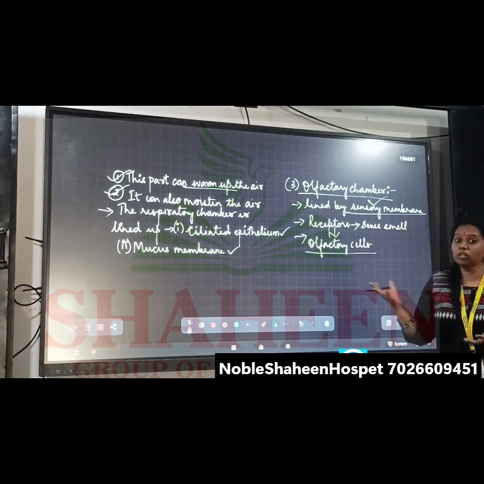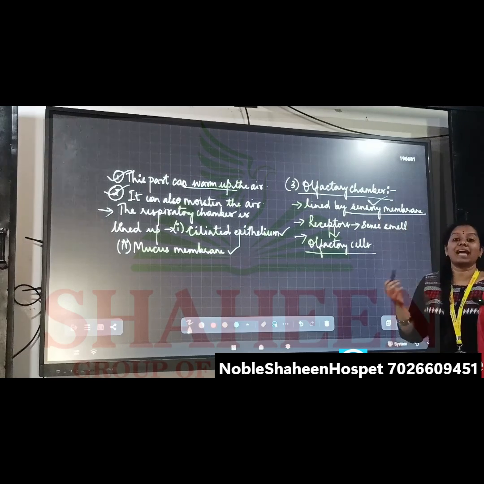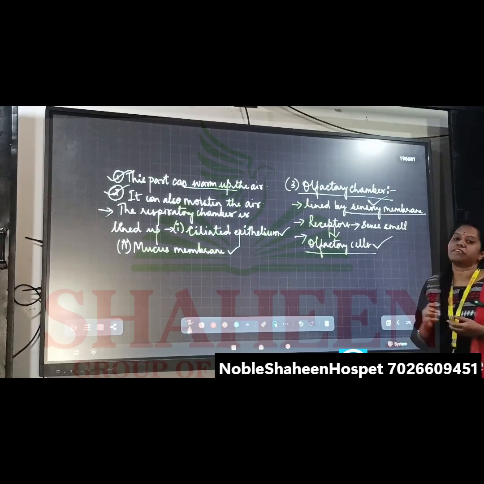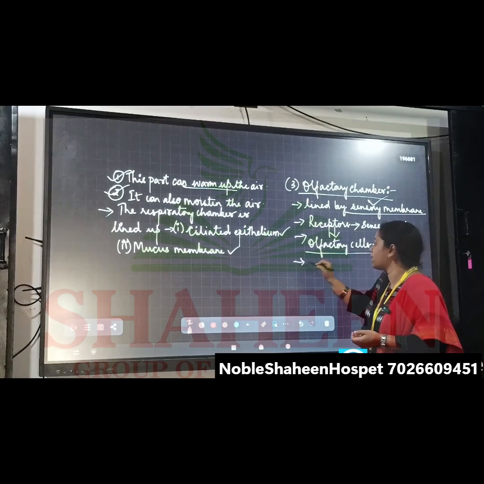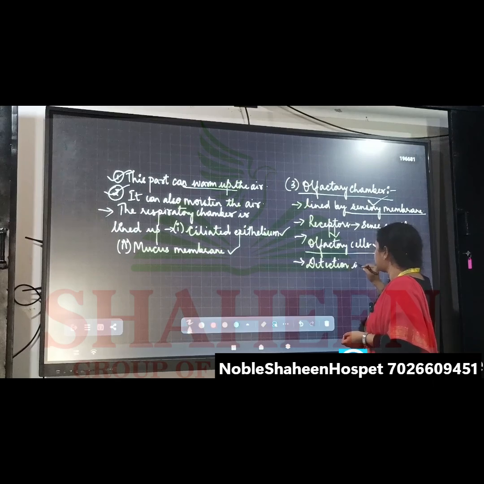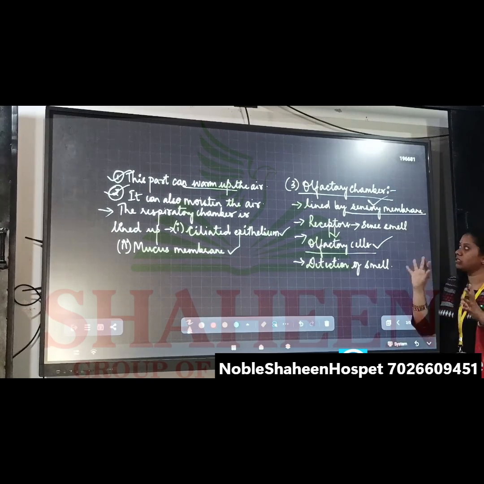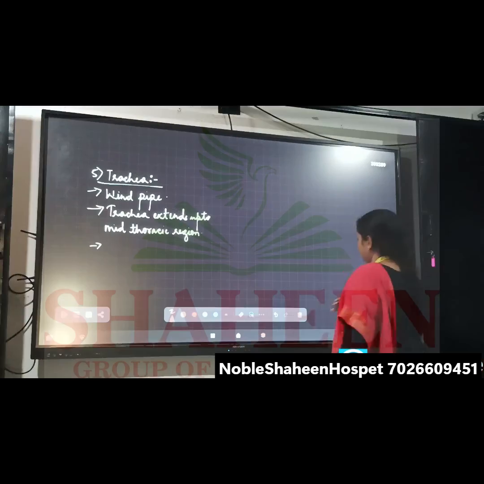So the conclusion is that the sensory membrane is lined by a lot of olfactory cells which help us in the detection of smell. Okay, so this is about the nasal cavity.